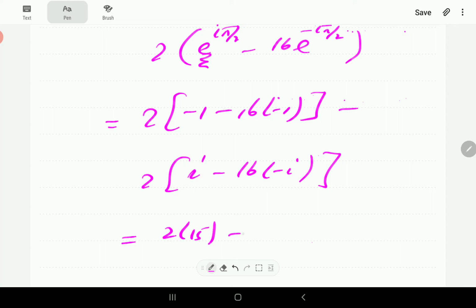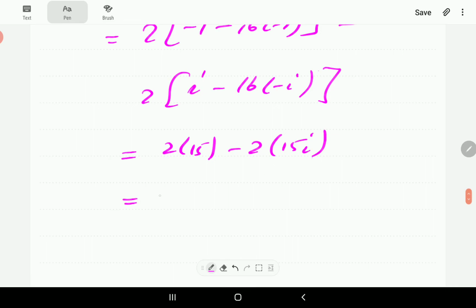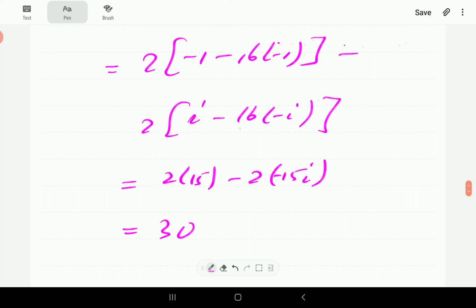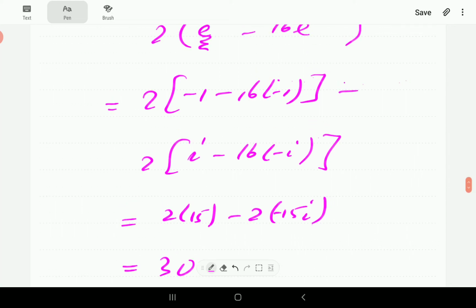And from this one, again we're going to have 16 minus 1, but there's going to be 15i this time. So this thing is going to give us, sorry, wait. What's happening is this is positive. Just one moment.